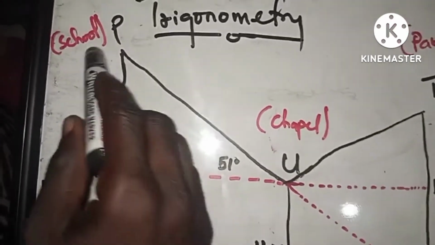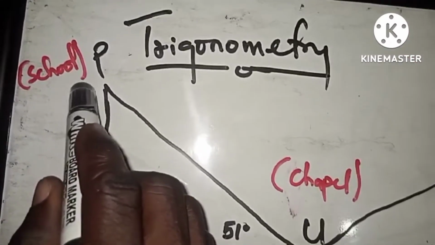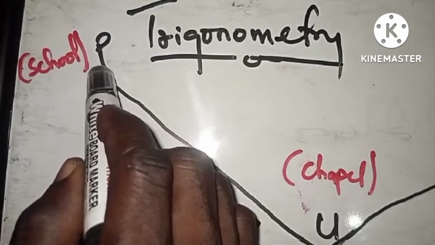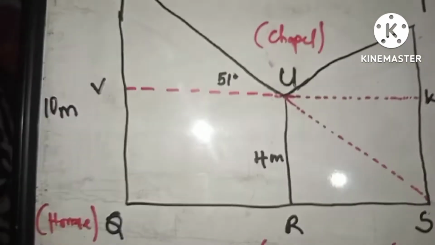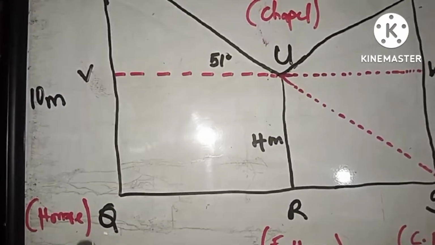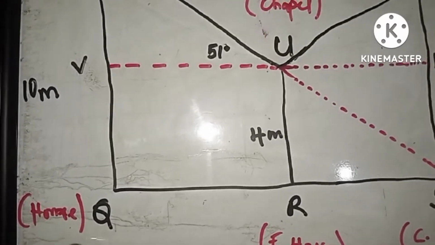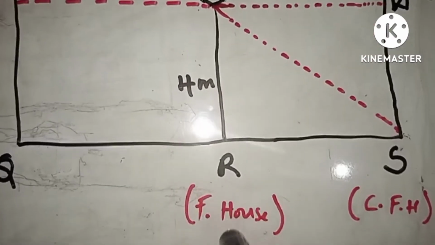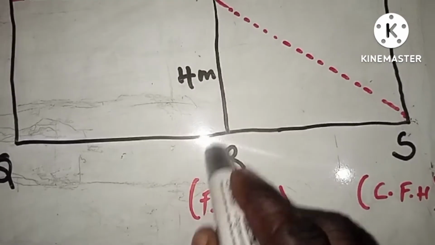Let's say P is where our school is located, so the school is at this junction. Then we have your home, you watching me right now. Maybe you live at Q, so let's say your home or house is Q. R, I'm just replacing with your father's house, so this is where your father lives.